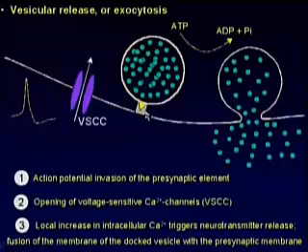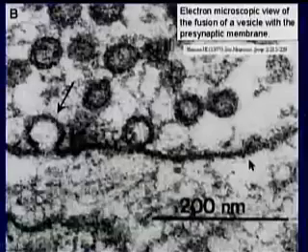This triggers the docking of the vesicles, and then an energy-dependent, ATP-dependent mechanism for the fusion, and then there is diffusion down the concentration gradient, obviously higher concentration in the vesicle than in the synapse.